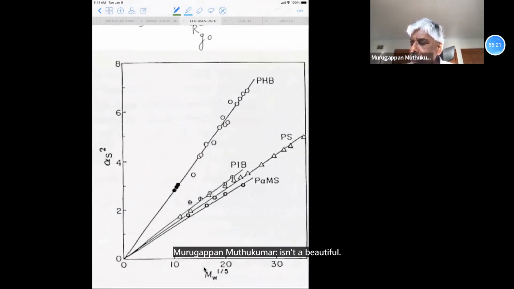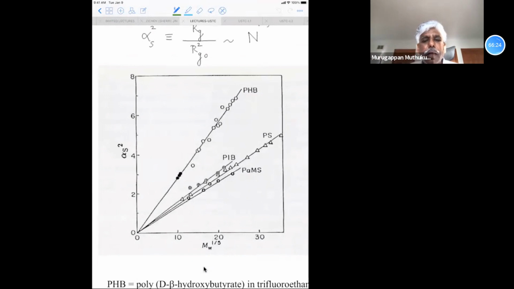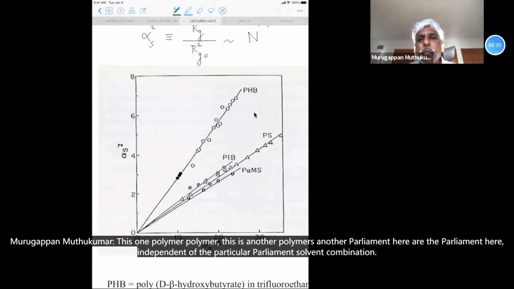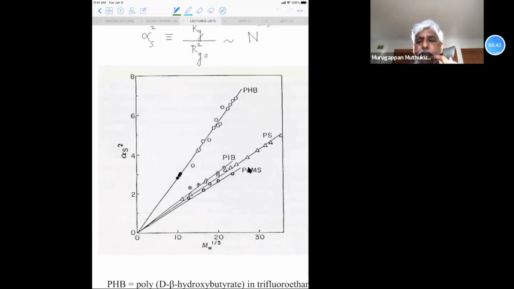Isn't it beautiful? Alpha S squared as a function of n to the 1/5. This is one polymer, this is another polymer, another polymer here, another polymer here, independent of the particular polymer-solvent combination.